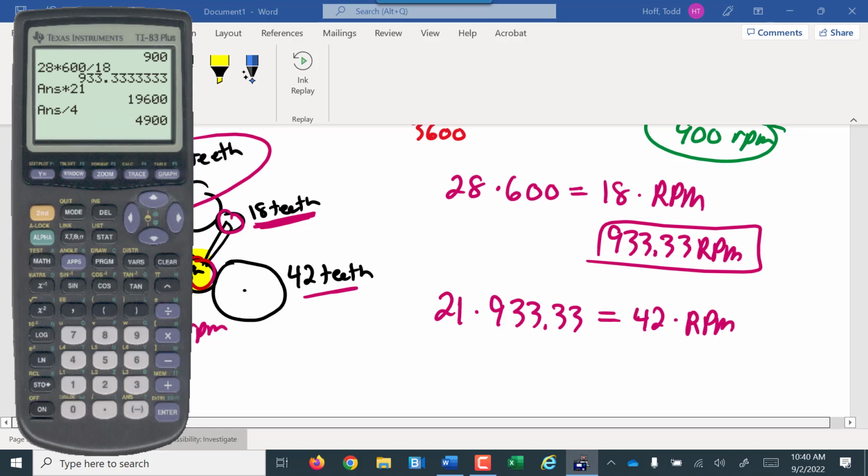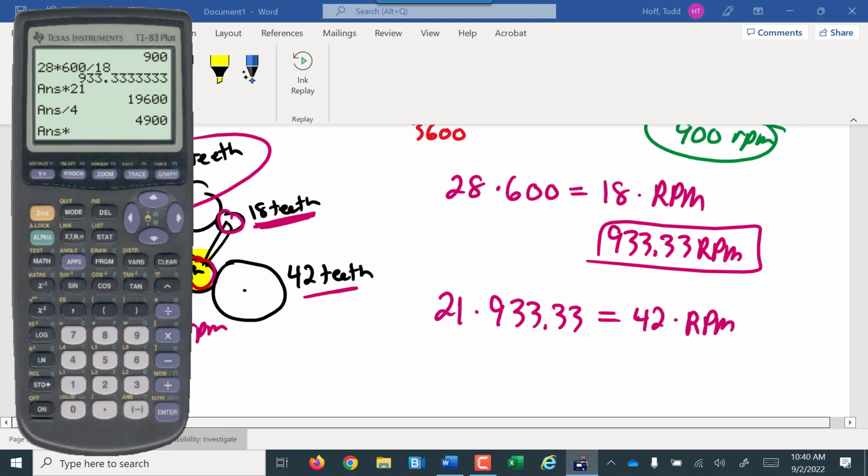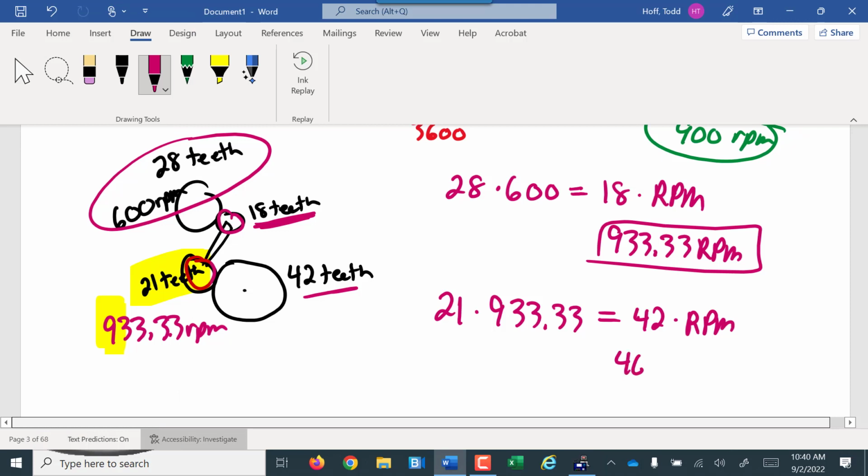Oops, let's try that again. Let's get the 2 in there. There we go, giving us 466.66 RPM for that final gear.